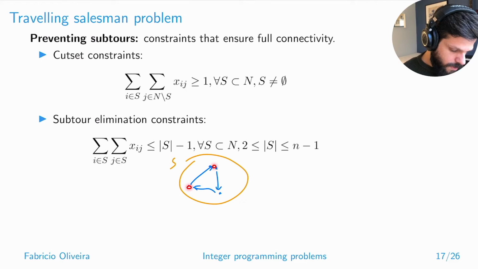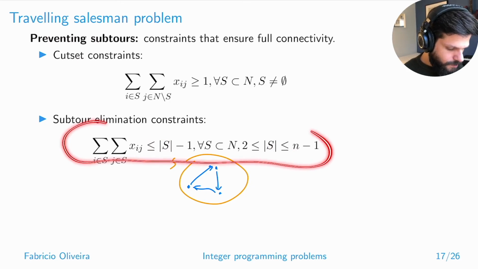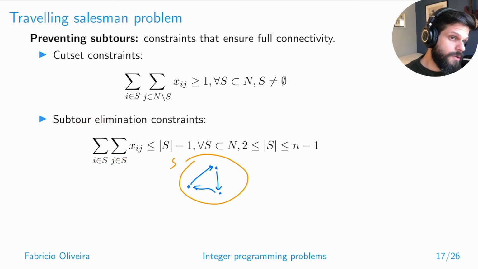So between these 3 nodes, you can only have at most 2 arcs. And if it was a subtour with 4 nodes, you can have at most 3 arcs. And it has to be up to n minus 1, because if you do that when the set is all nodes, you're eliminating the tour, and you don't want to do that. So this is the subtour elimination constraint.